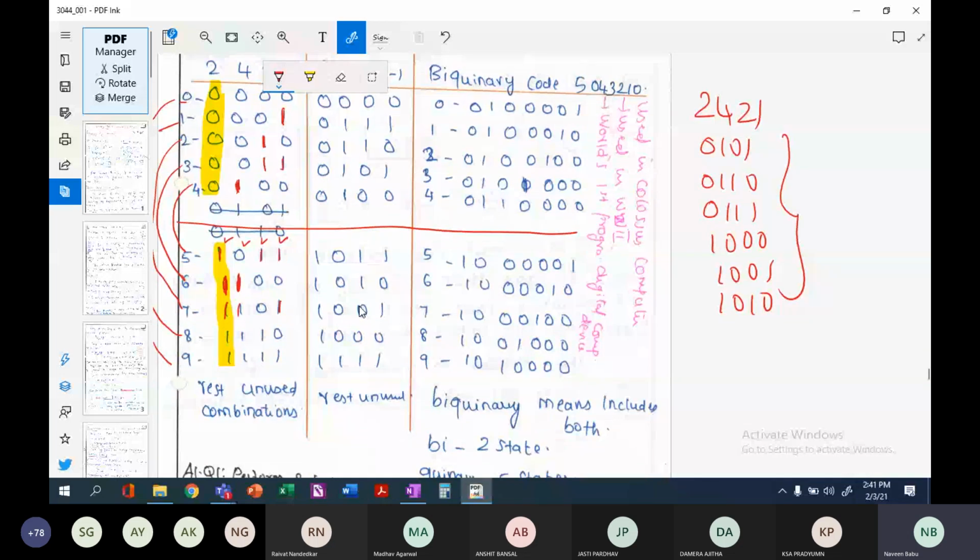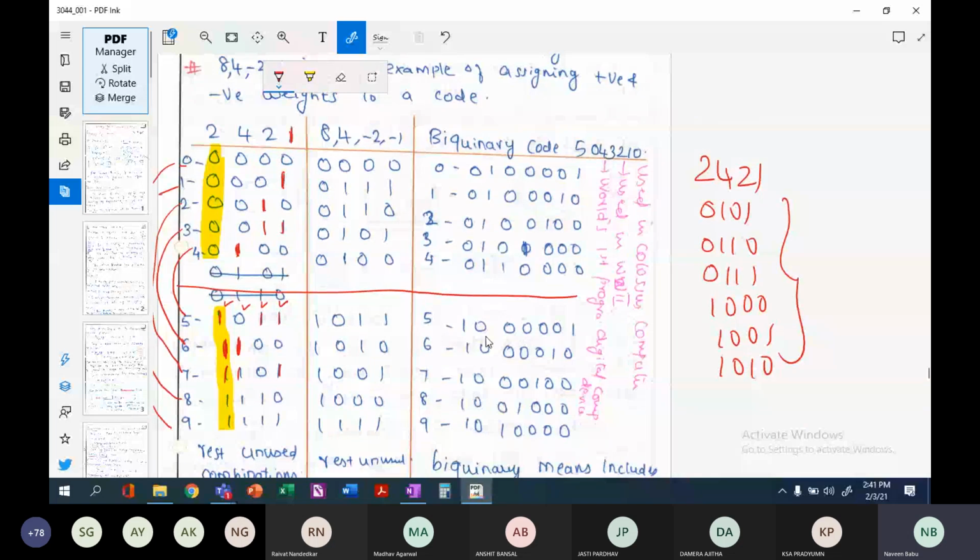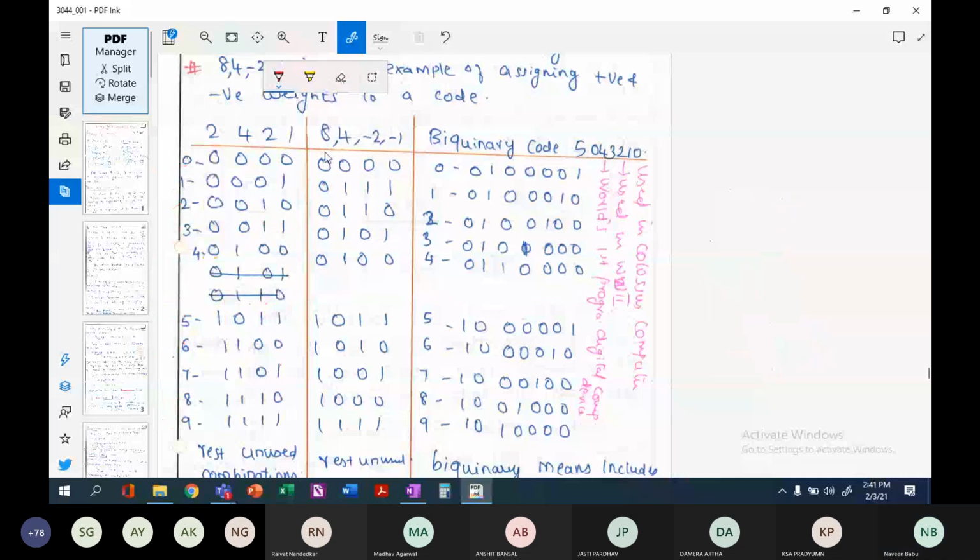Now let us come back to the negatively weighted bits. What do you mean by negatively weighted bits? So 0 corresponds to 0000. Okay, 0 corresponds to 0000. Now I need to have 1.